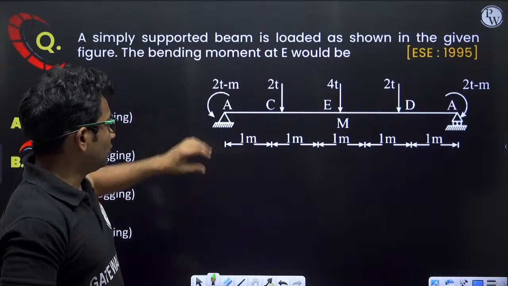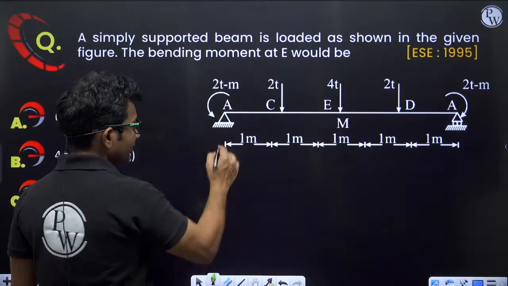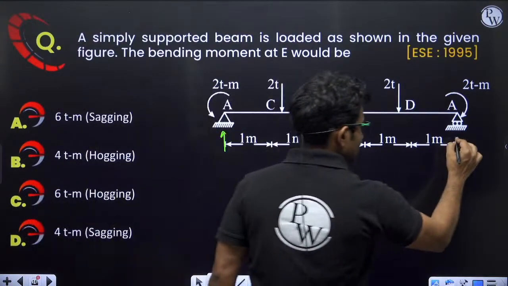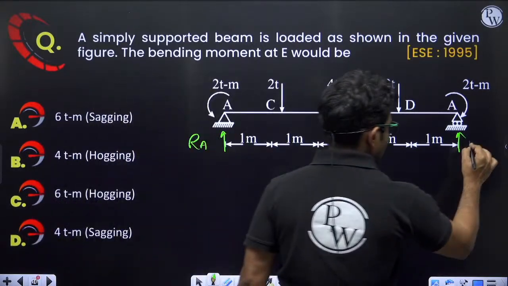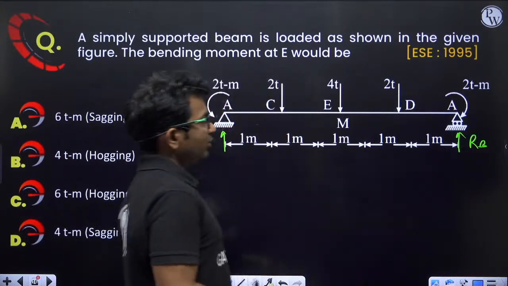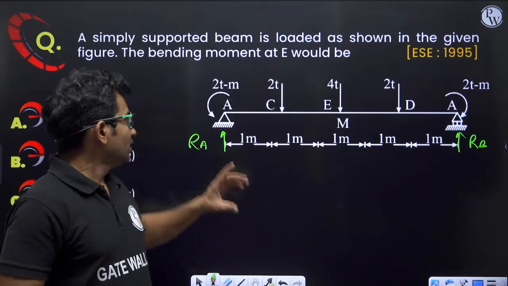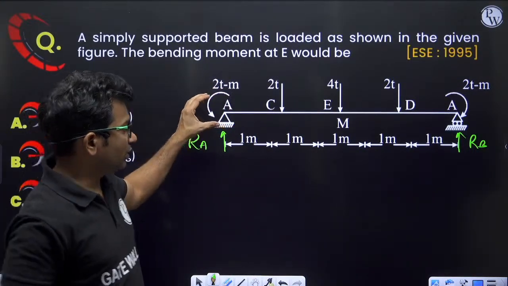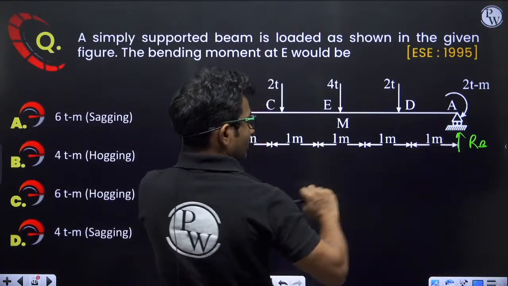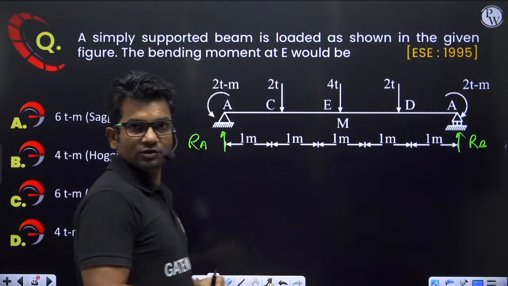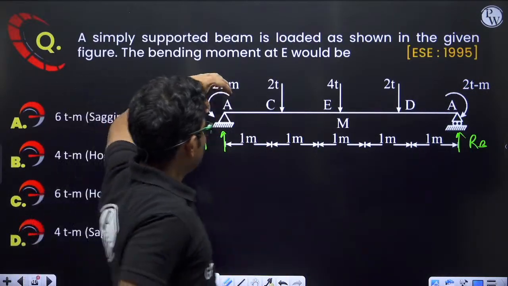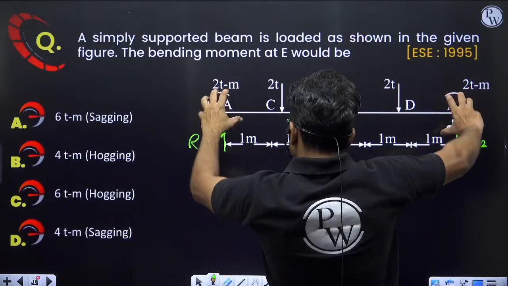Now, first of all, we have to calculate support reactions. Can you calculate support reactions RA and RB? The support reactions will be the same. Because of this moment, whatever support reaction is coming here, an equal and opposite support reaction will be coming because of this moment, because these moments are acting opposite to each other.